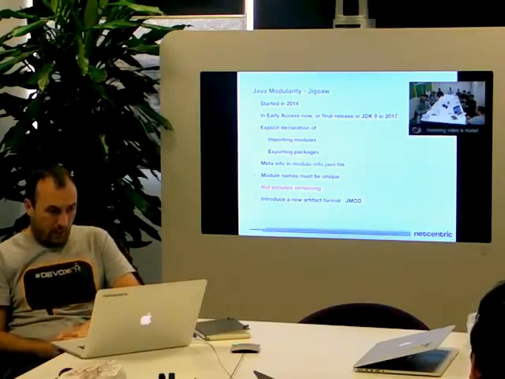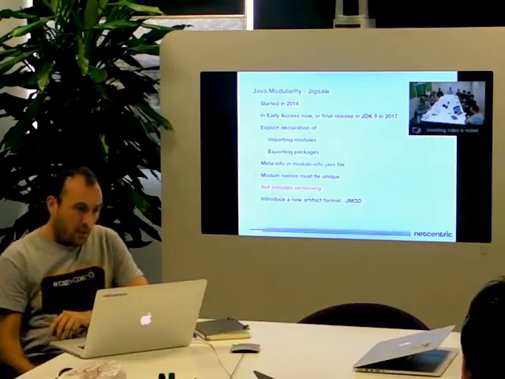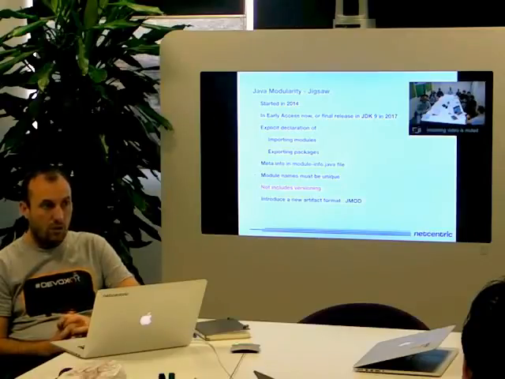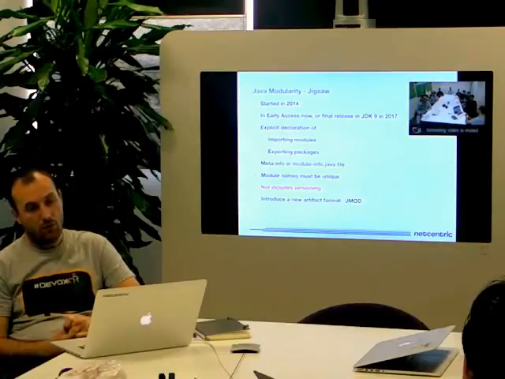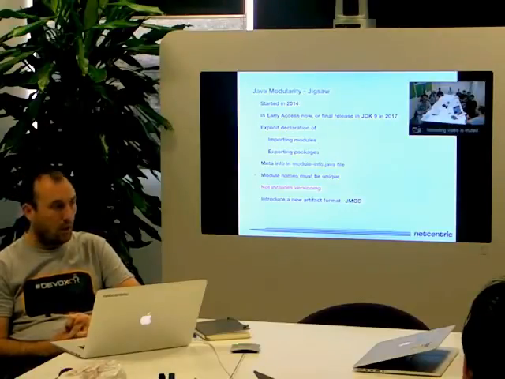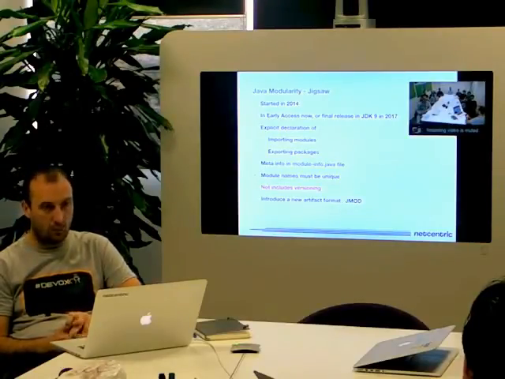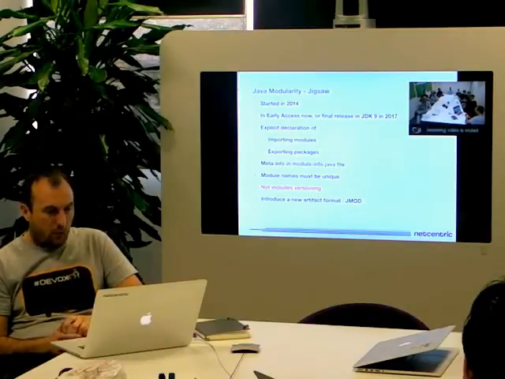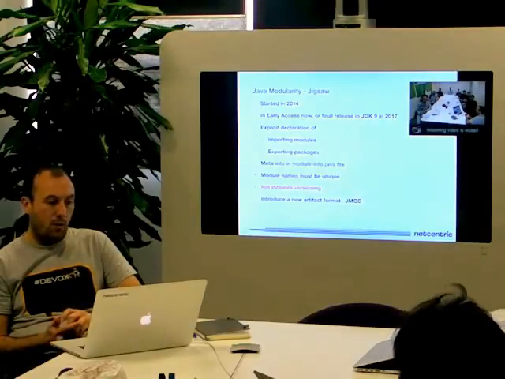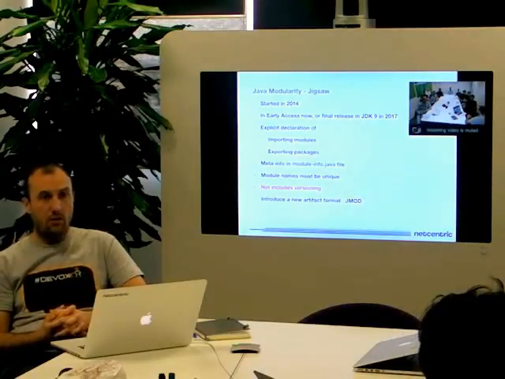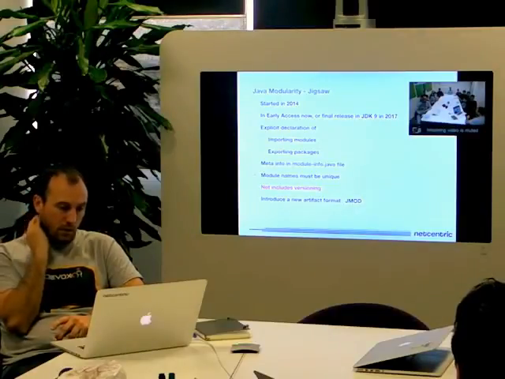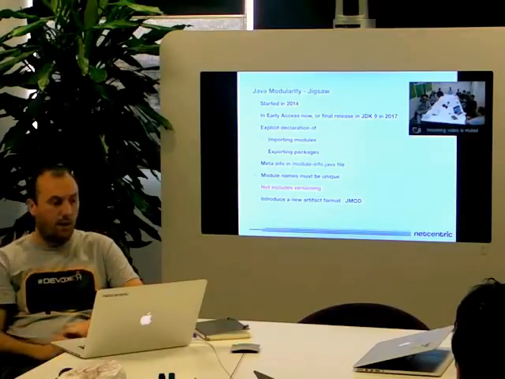Okay, Jigsaw has explicit declaration of the importing and exporting modules. So every module that you create will define explicitly which modules it will be importing and which packages it will be exporting. It uses the module-info Java file, so a Java file to define the module that will be compiled in a class file like the rest of the Java files.